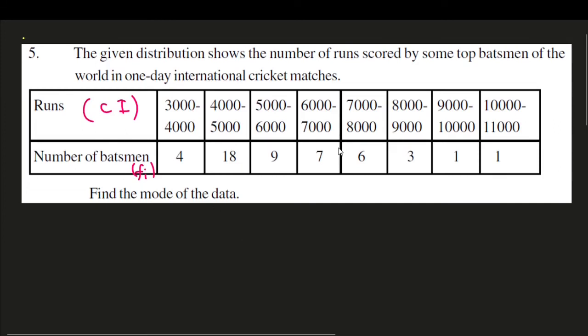For a grouped data, mode is an estimated value. We can only find the modal class from the data. Modal class is the class interval having the highest frequency. Here, 18 is the highest frequency. So the class interval having 18 as frequency is the modal class.